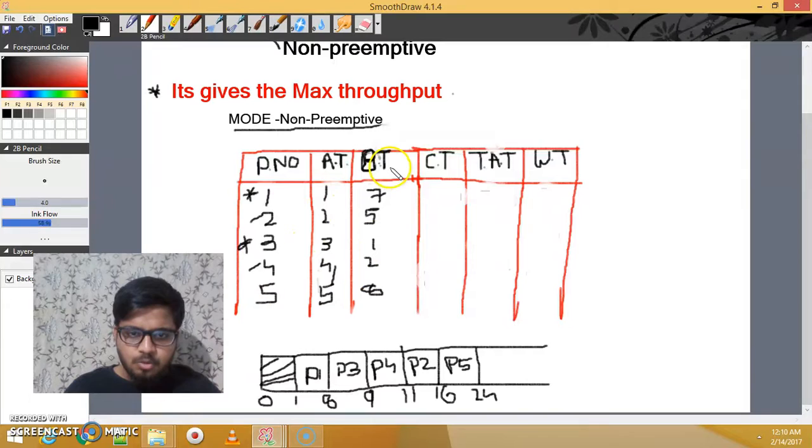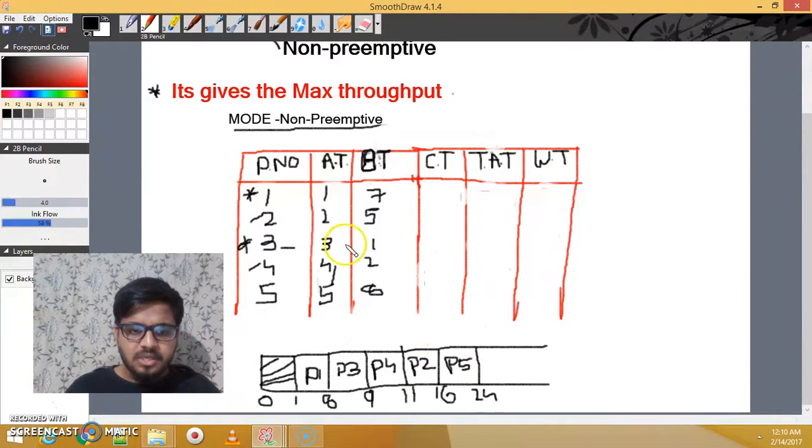Among them I choose the one with the least burst time, which is process P3. I executed it for 1 unit of time, so 8 plus 1 is 9. After P3 is completed, next by least burst time, P4, P2, and P5 will be executed.